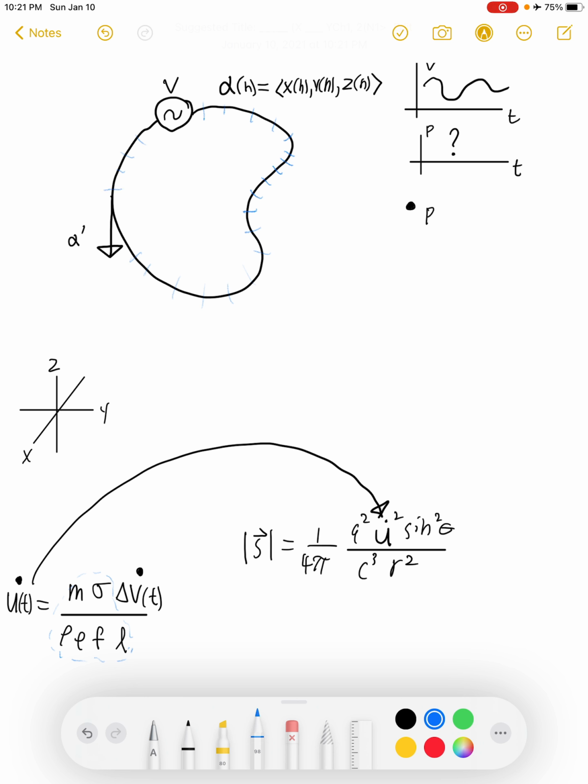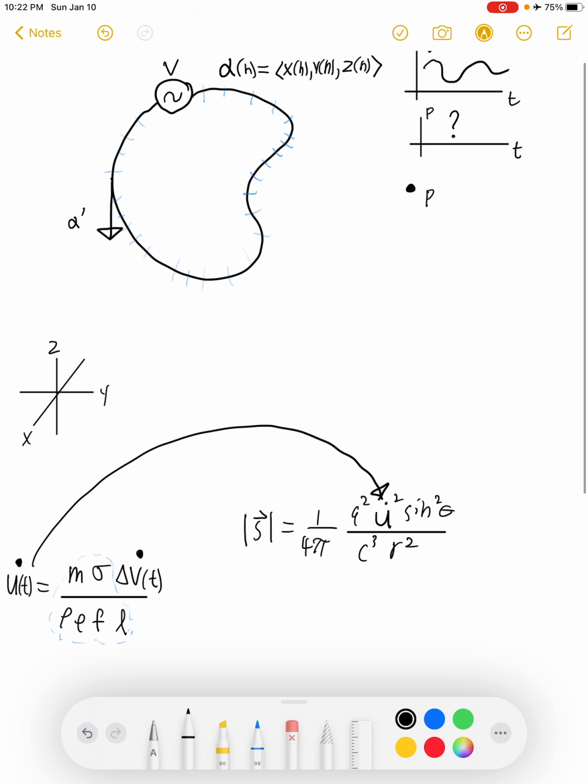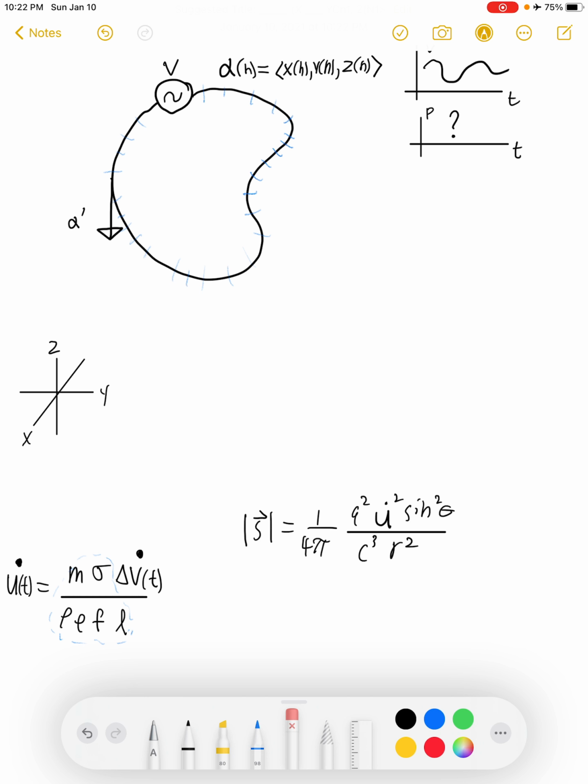Now, let us assume that this wire, as most wires are, has a circular cross-sectional area. That would mean that the sections, so long as they are partitioned sufficiently small, would be like little cylinders. And just to clean this up a little bit, I'm going to delete this and move P down a little bit.